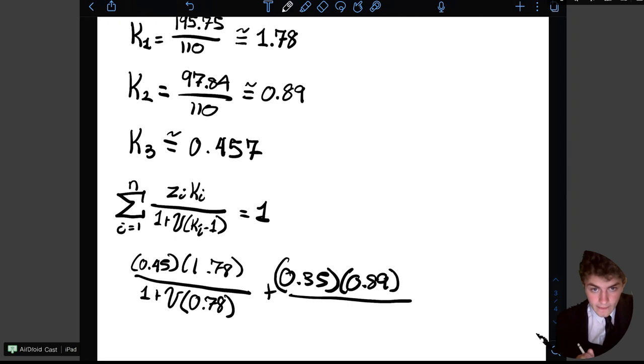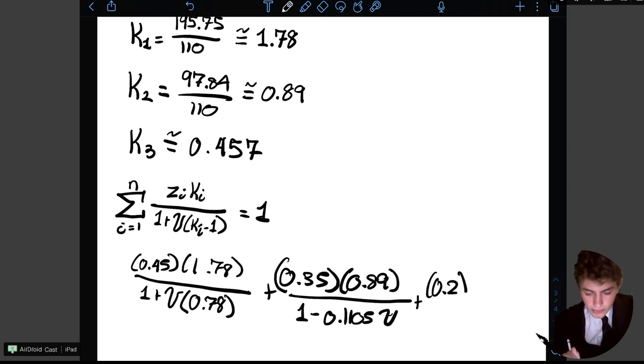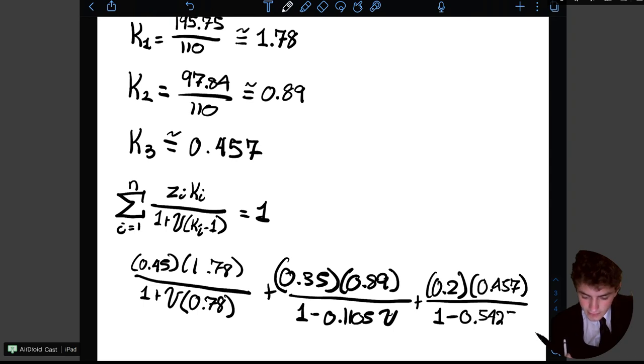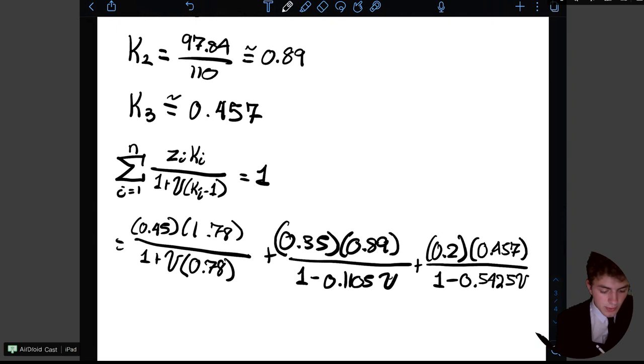Okay, and 1 minus 0.1105 V plus 0.2, which is the mole fraction, times the K, 0.457, over 1 minus 0.5425 V. And all of that is going to be equal to 1.